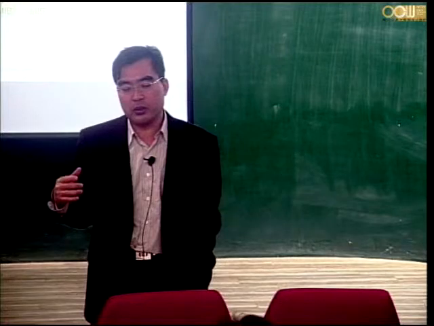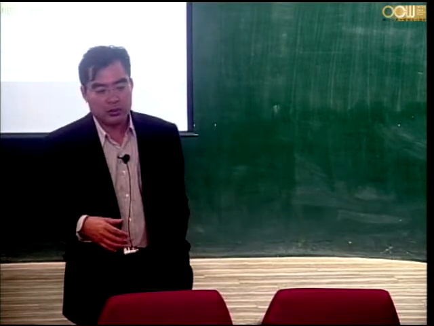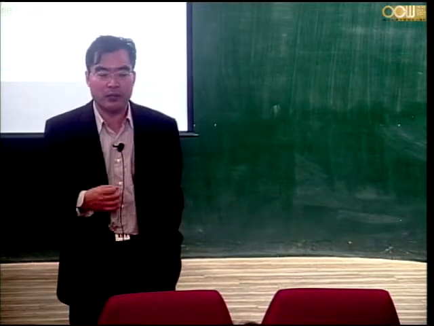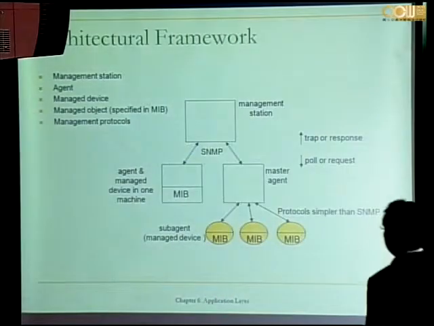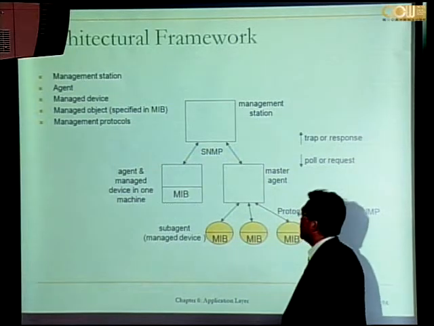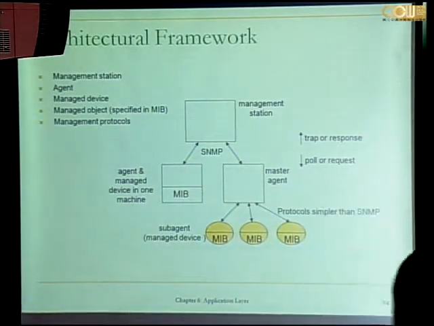So when you say dumb switch or intelligent switch, you are saying whether they support SNMP and MIB. If they do, they are called intelligent. So these are dumb devices, they don't support SNMP. This is an intelligent device, it supports SNMP.